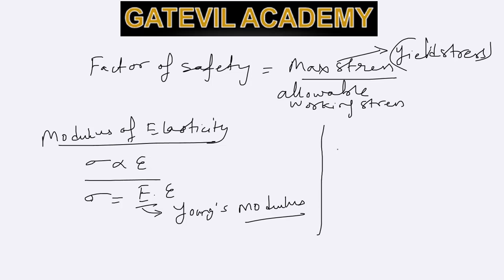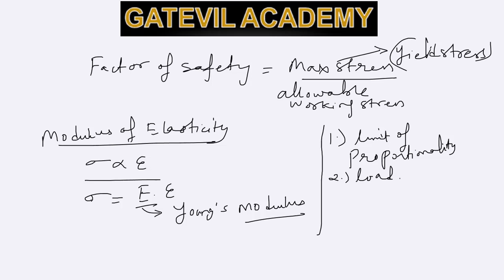Now we also have to see the validity of Hooke's law. The validity of Hooke's law, first of all, is that it is valid till the limit of proportionality. Second of all, the load has to be axial.